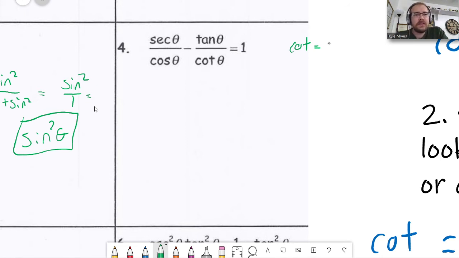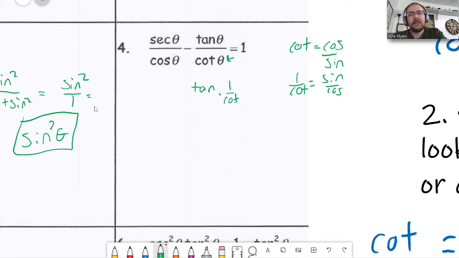Right? Cotangent is cosine over sine. So that means 1 over cotangent, which is what this is. It's down here in the bottom, would be sine over cosine. So this would be like tangent times 1 over cotangent is another way to write that, right?